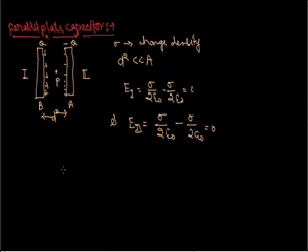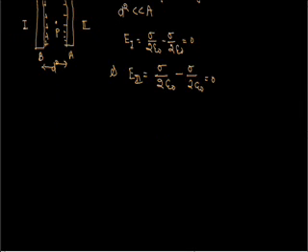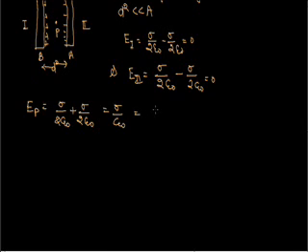Now if we find the electric field in the middle of the two plates, EP is sigma upon 2 epsilon plus sigma upon 2 epsilon. It will be sigma upon epsilon, and sigma can be written as charge upon A, upon epsilon.